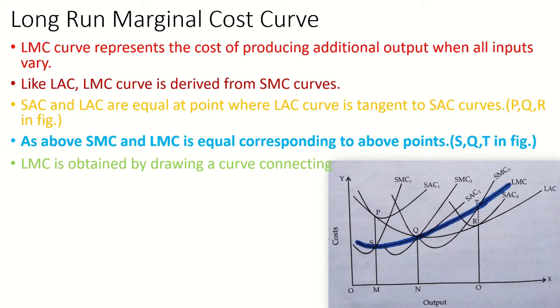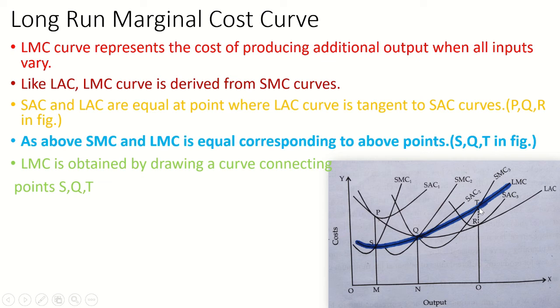As we said earlier, it is a summation of various SMC. So LMC here is a summation of SMC1, SMC2 and SMC3. If we draw a line that is tangent to these three SMCs, we will get the long-term marginal cost curve. So LMC is obtained by drawing a curve connecting the points S, Q and T.